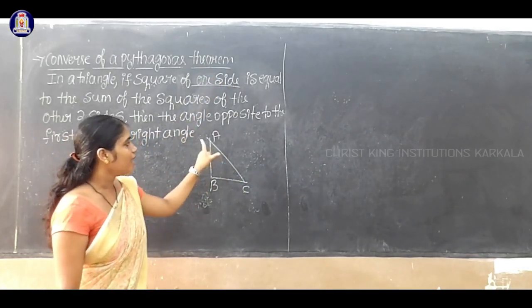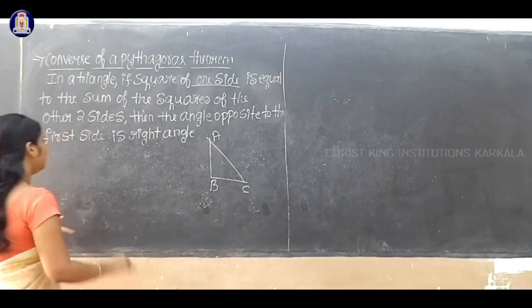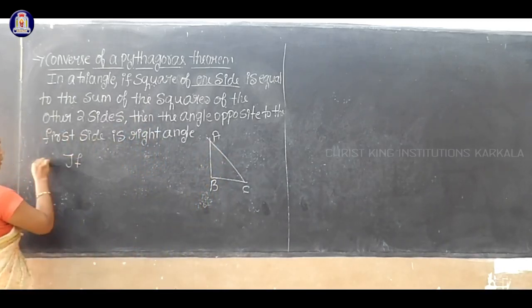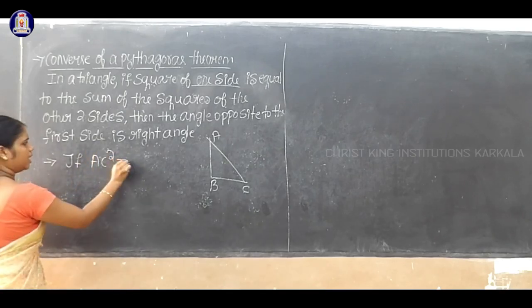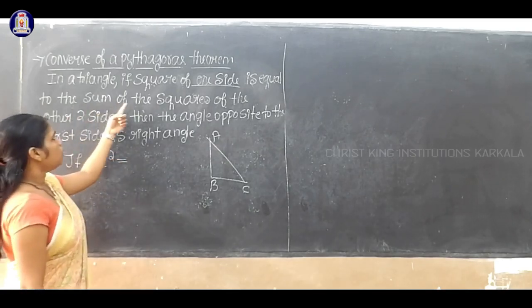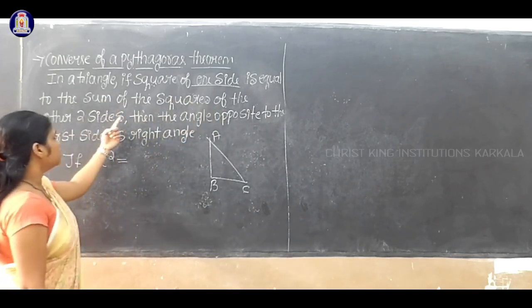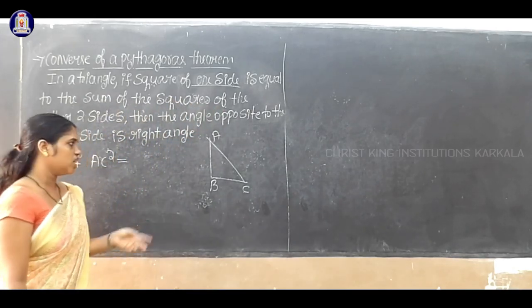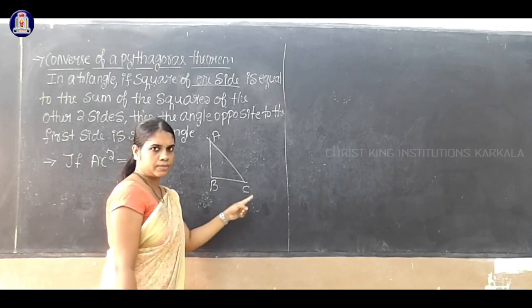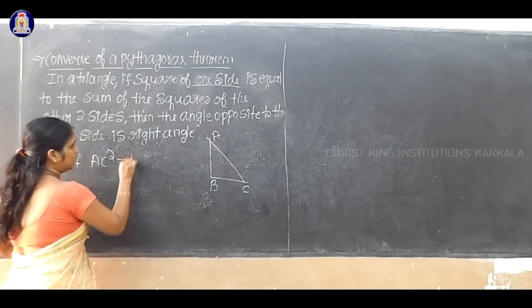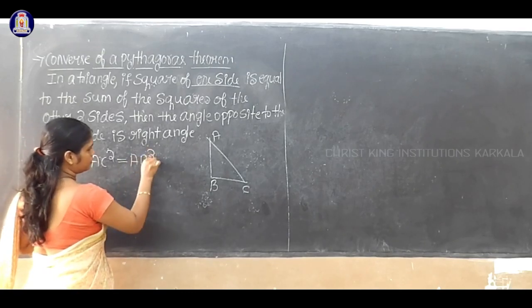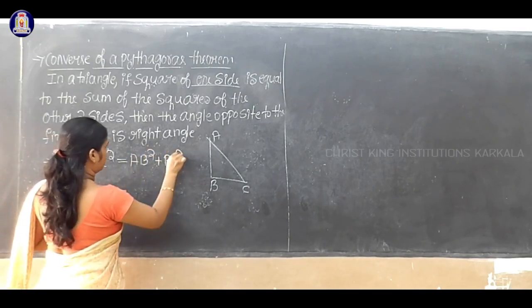Okay, so the square on this side AC means AC square is equal to the sum of the squares of the other two sides. Which are the other two sides here? AB and BC. Sum of the squares on the other two sides means AB square plus BC square.